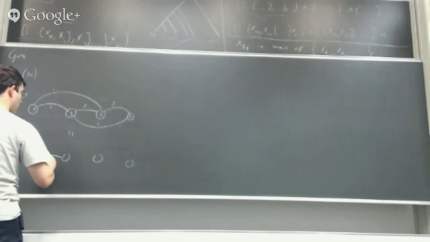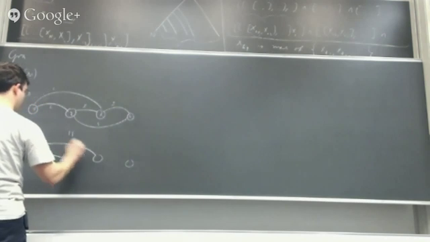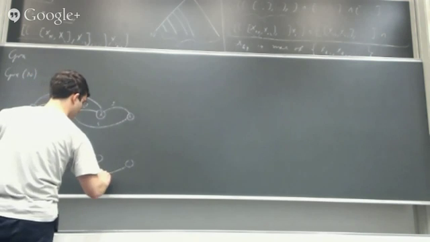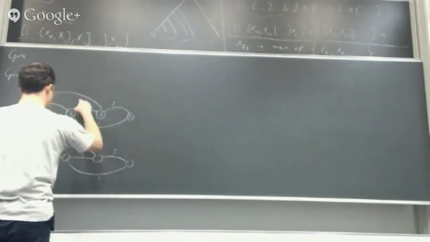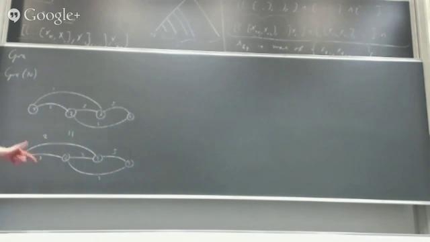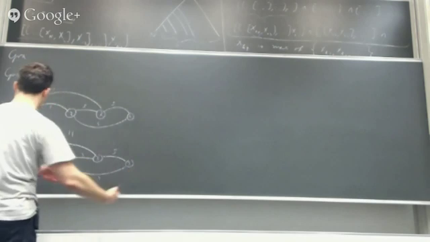So if I now call this 1 and this 2, and still call this 3, this 4, and this 5, this will be equal to minus this. And if I now exchange two others, then it will again be this.